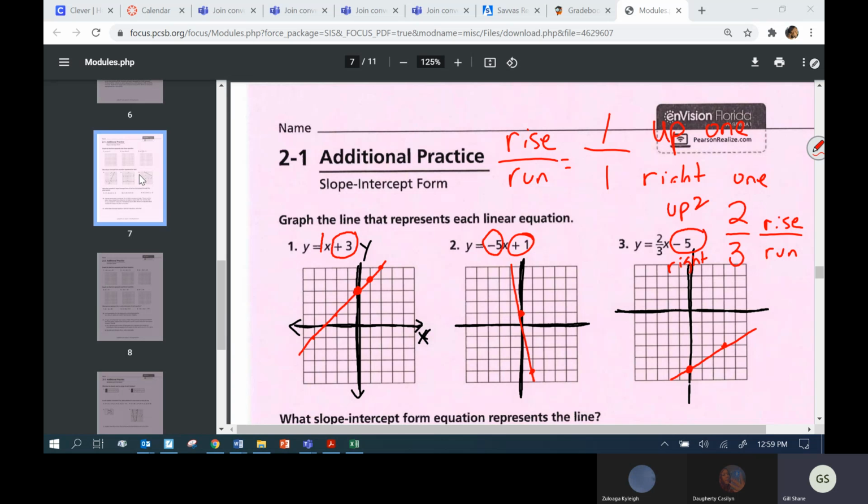You could plug in 0 for x, and you get positive 1, which we also already have on there. This one would be easier to plug in numbers for. You could pick an x and a y that work pretty easily on that one. So if you don't remember this rise over run stuff, you could try to plug in numbers. If it's not a real complex equation, that'll work.